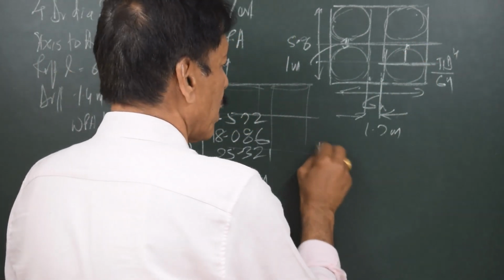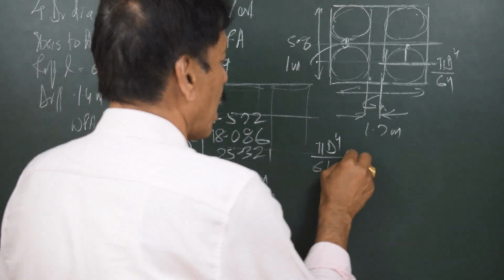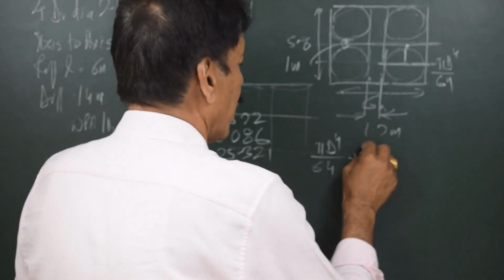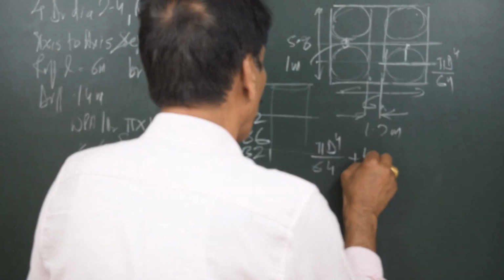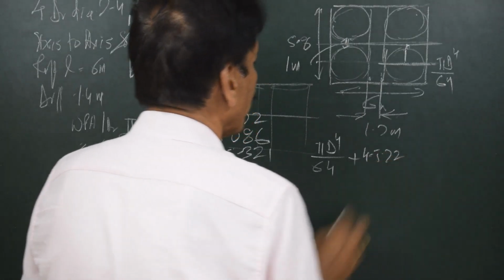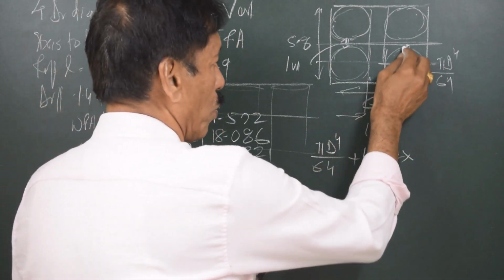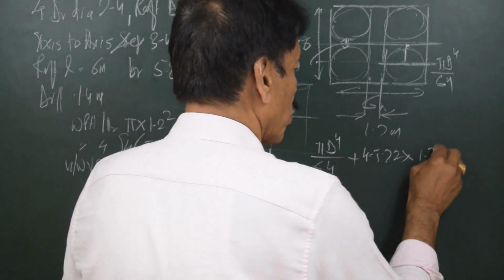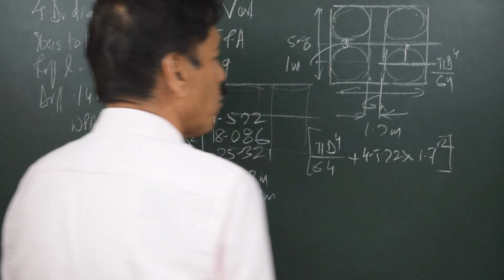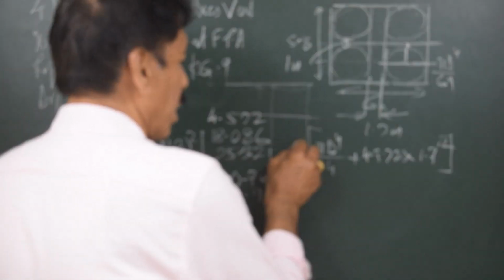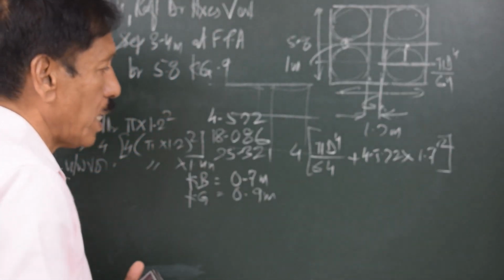So moment of inertia of one drum about common center line will be area of one drum, 4.522, multiplied by the distance square. As I said, this is 1.2 plus 0.5, 1.7 square. And the total moment of inertia of all the 4 drums about the common center line, I will have to multiply everything by 4. So let us see how much you get.